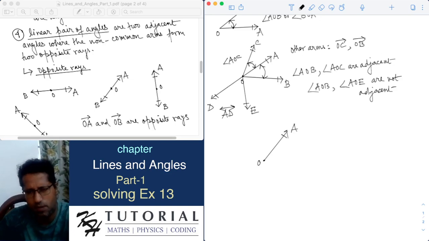We know that the other two arms of the angles should be on the opposite sides of the common arm OA.